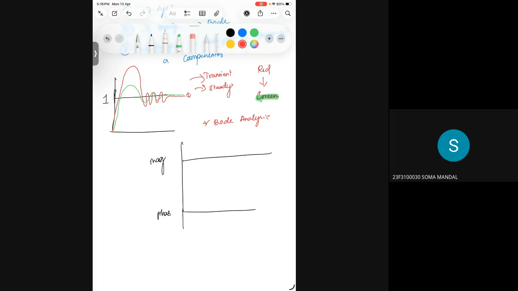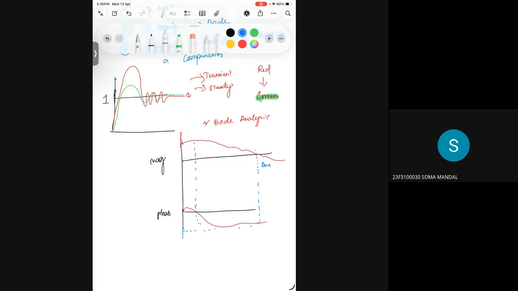I will encounter something like this, maybe like this, and my phase is like this. Not really meaning anything here, just a random diagram. So when I see the phase margin and gain margin, this is gain margin, this is phase margin, right? When I see this, it is nowhere near my desired way.